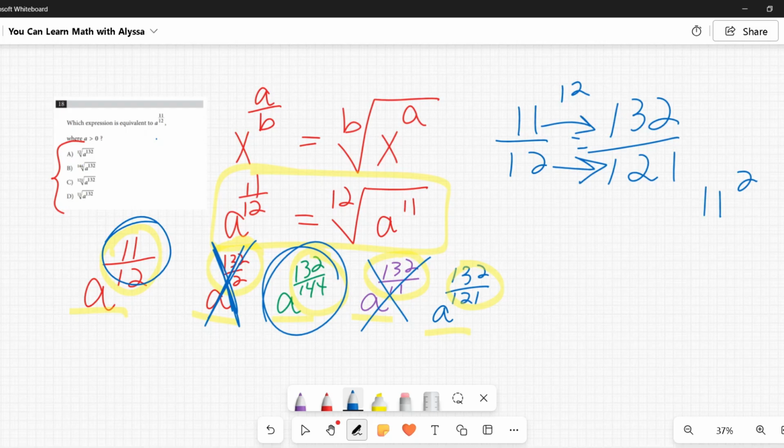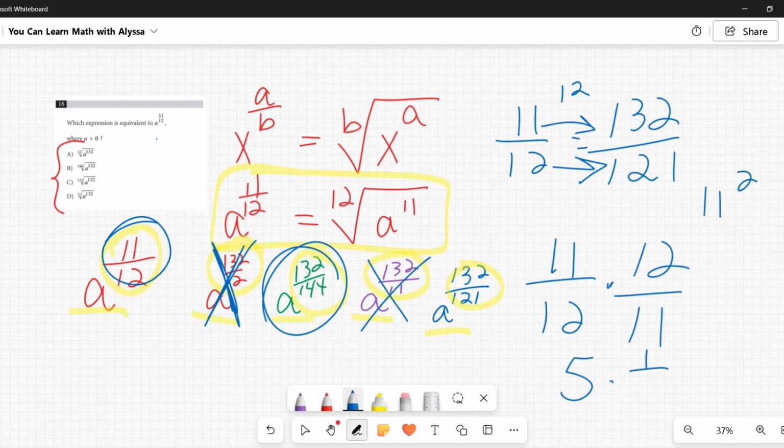So what they did is they did 11 twelfths times 12 elevenths to get to 132 over 121. And multiplying it by the reciprocal does not leave something unchanged. For example, if I multiplied 5 times its reciprocal, 1/5, I would get 1. It doesn't leave the 5 unchanged.